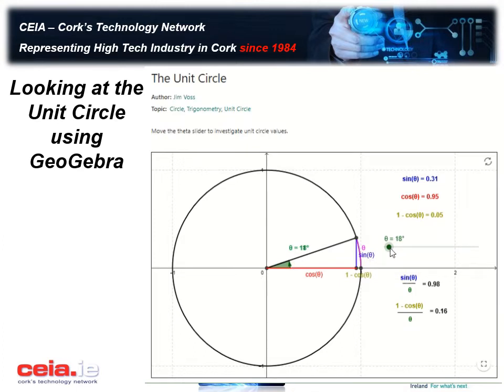And we just use this to see the relationship between the changing angle at the center of the circle and the corresponding values of cosine and sine theta relating to that angle. Okay, so these are the horizontal and vertical distances of where this angle strikes the unit circle.